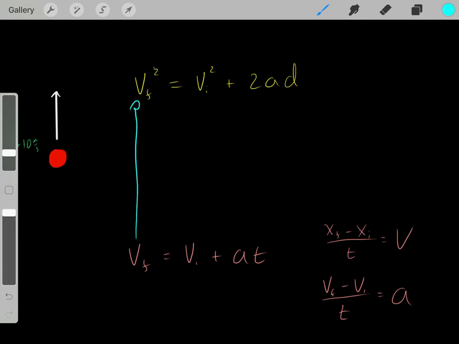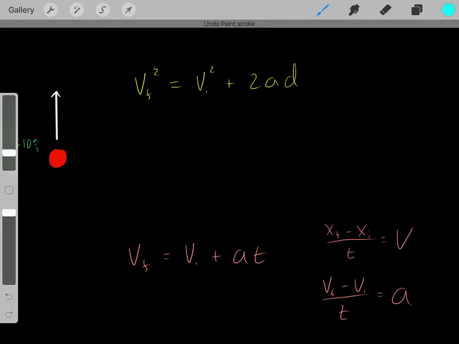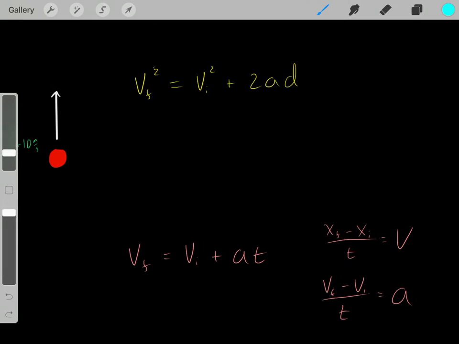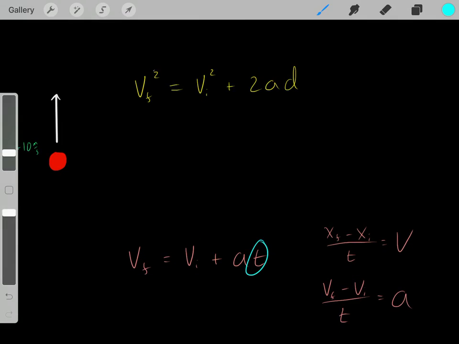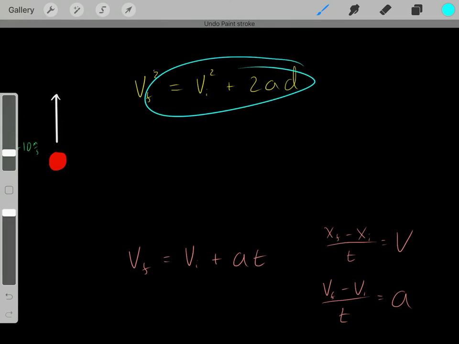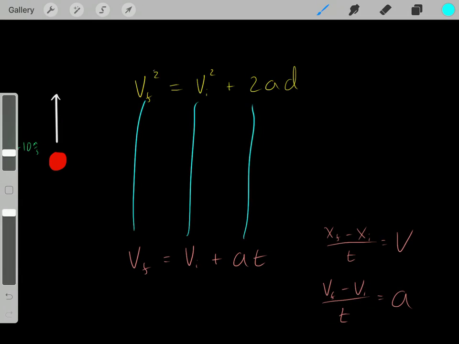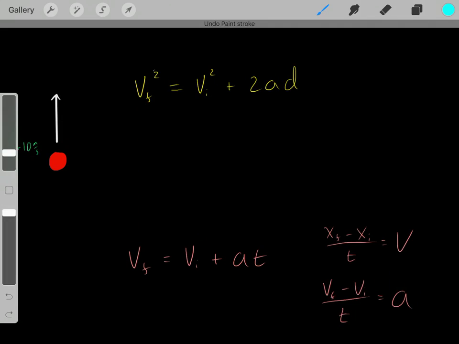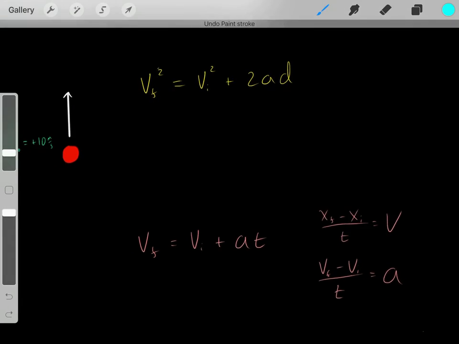Essentially, final velocity equals initial velocity plus acceleration, but instead of distance, we have time. So again, depending on what you're interested in, if you're interested in distance, use this equation. If you're interested in time, use this equation. But notice the parallels and the similarity between these equations, and also notice the differences. This one is squared, and this one has a 2. Notice the differences and the similarities with these equations.